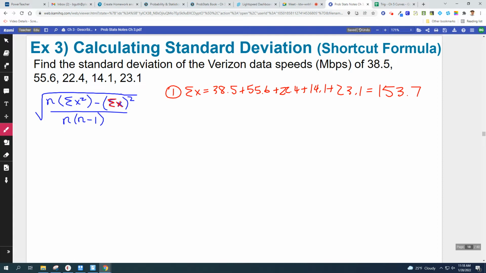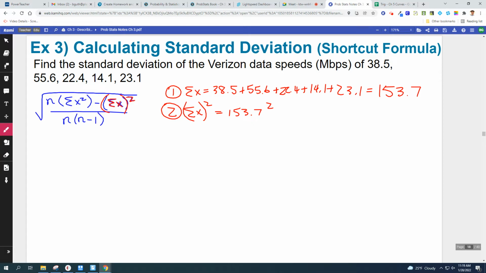Okay, so next thing I'm going to do is let's just take that and square it. Okay, so step 2, I'm going to do sigma x squared. So we just do 153.7 squared. Uh-oh. No. I'm sorry.